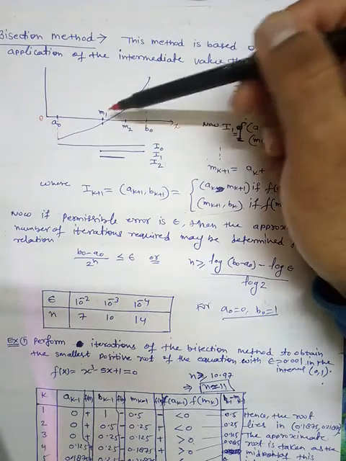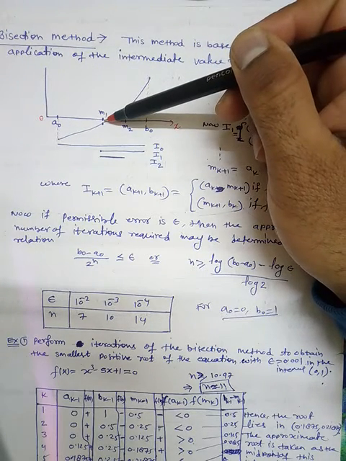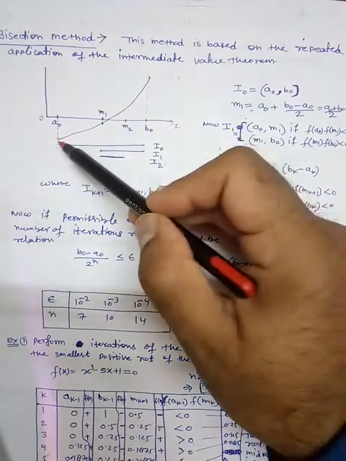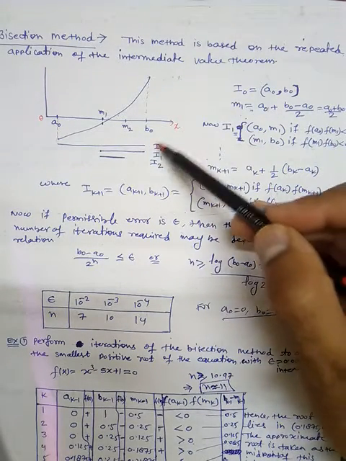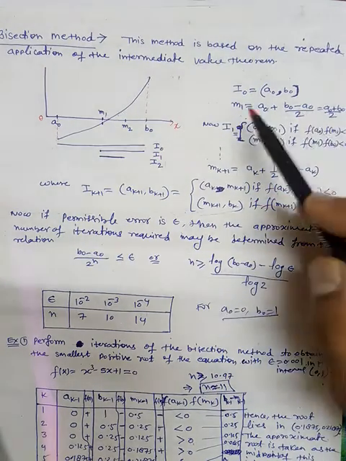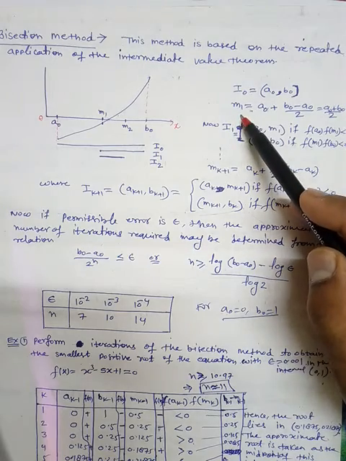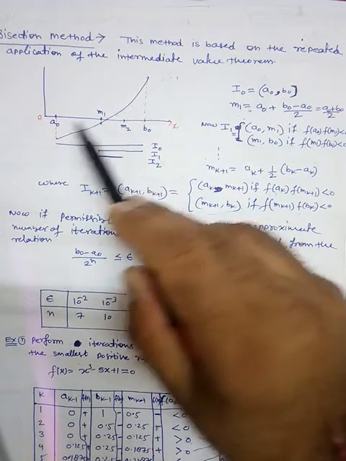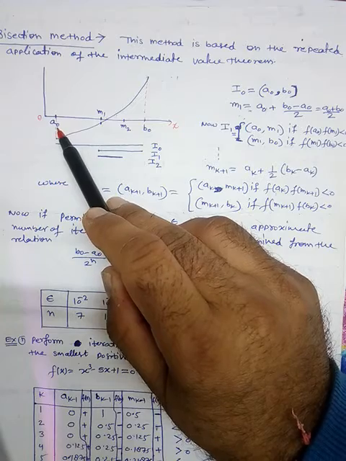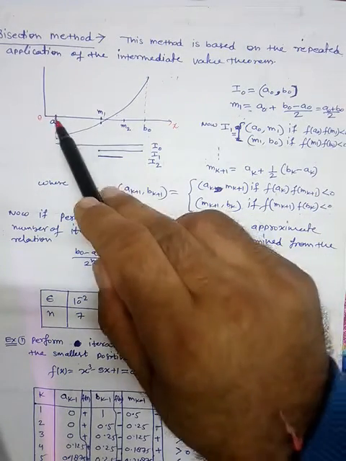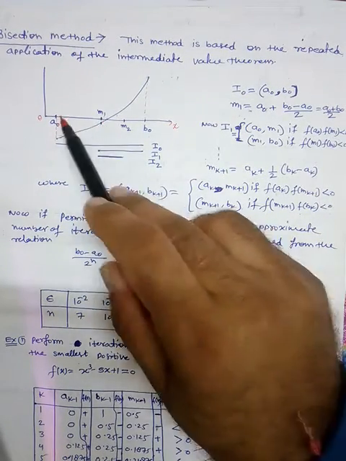The initial interval from here to here is denoted by I0, and m1 is the midpoint. You can easily find m1: it is nothing but a0 plus b0 by 2, or a0 plus this distance, both will be the same.